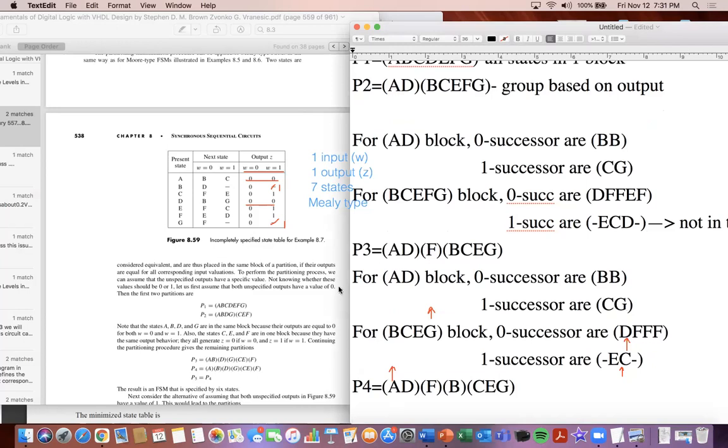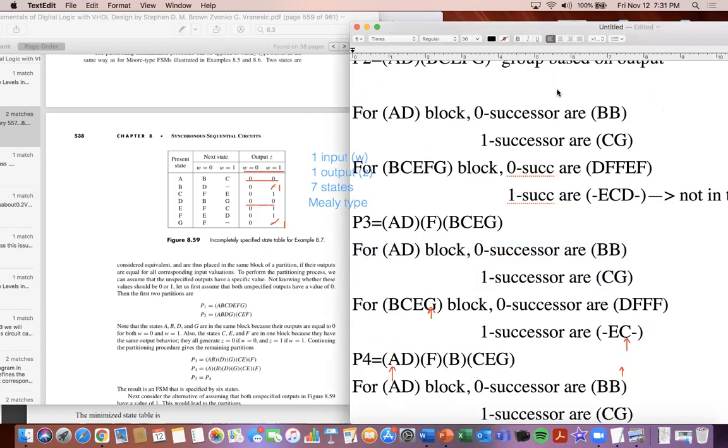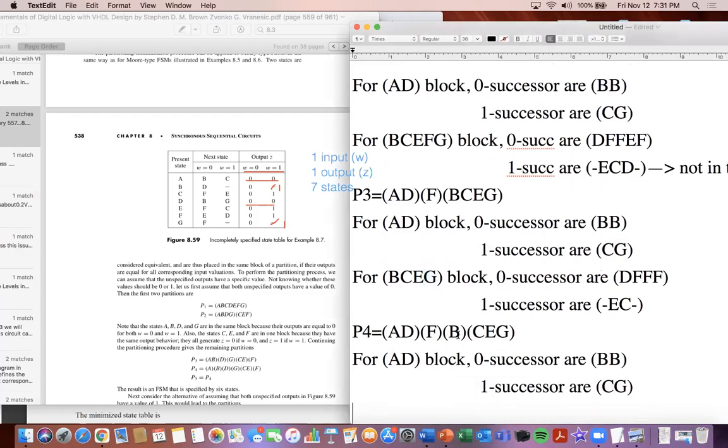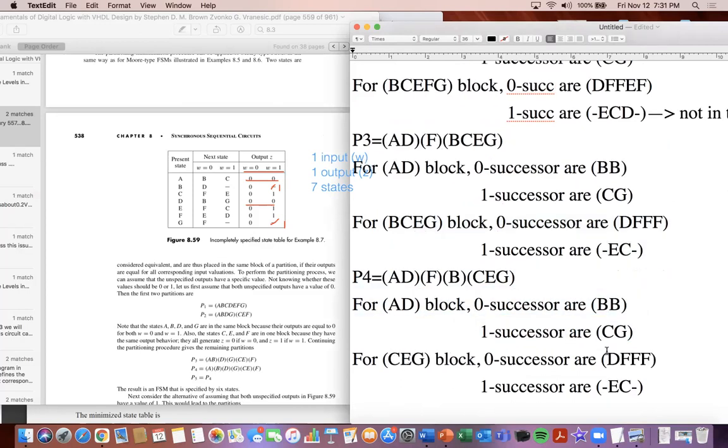Okay. For the AD block, exact same thing, we're good. And then for the next ones here, let me erase this. For the one down here, for the F and for the B, we don't care, it's only one state. Of course, it's gonna be the same. For the CEG block, what we're going to have here is FFF, and EC, checking here, FFF, same block, EC in the same block.